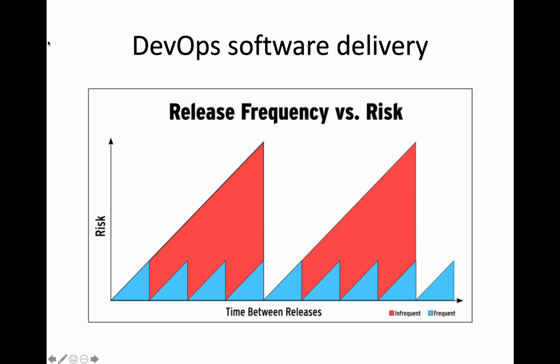Sometimes companies make the mistake of thinking that more frequent software releases means that we're actually going to be able to deploy more software code. That's not really the case. When we talk about deploying changes more frequently, we're talking about deploying smaller sets of changes.